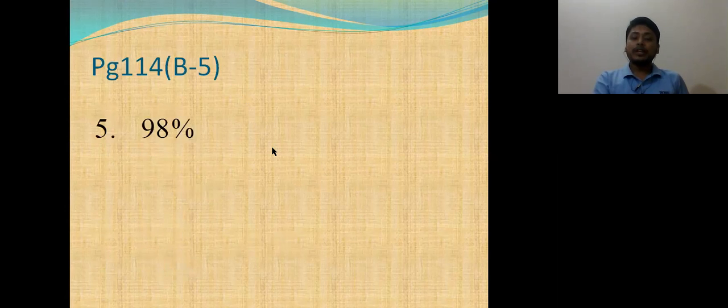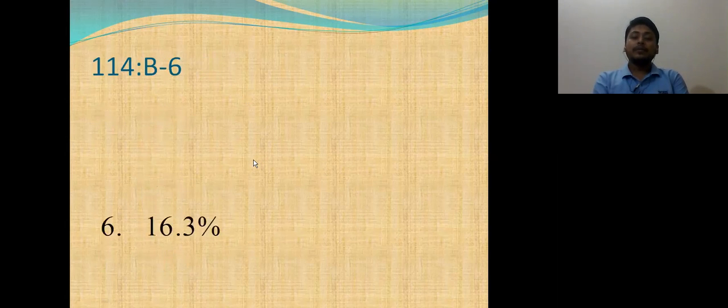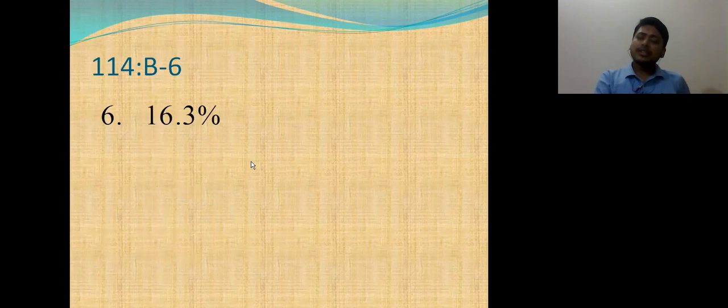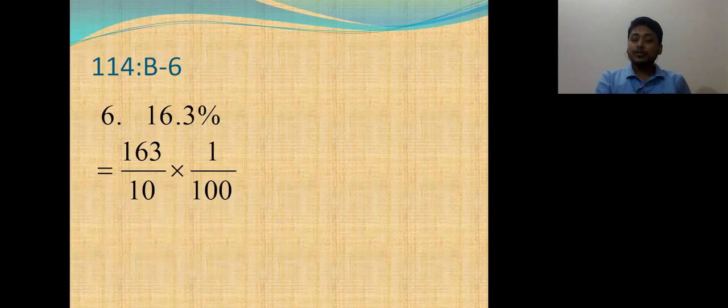Now we are going to the next math, 98%. Similarly, 98 by 100. So it's your homework. And number six, 16.3%. So 16.3% can be written as 163 divided by 10. For this point 10 comes, and for percentage 1 by 100 comes.